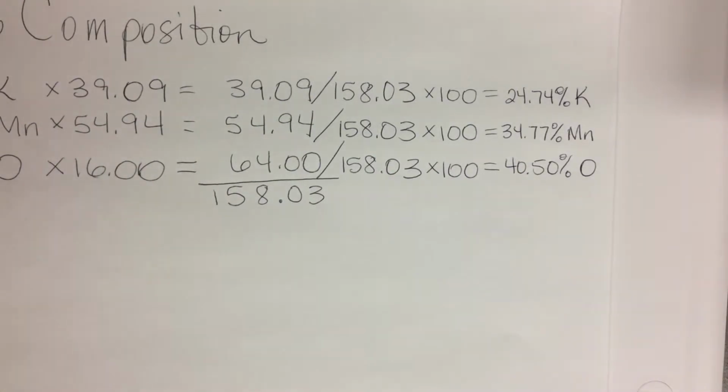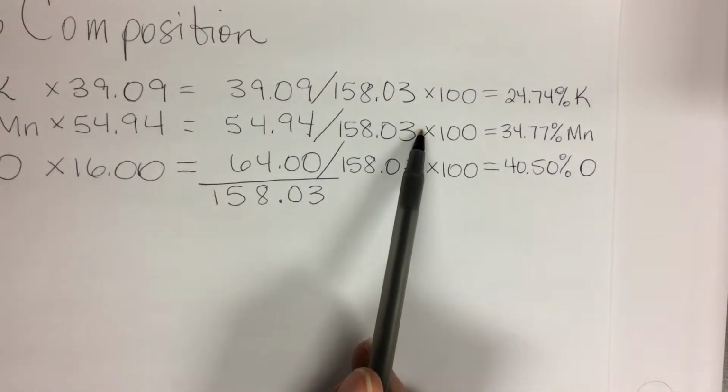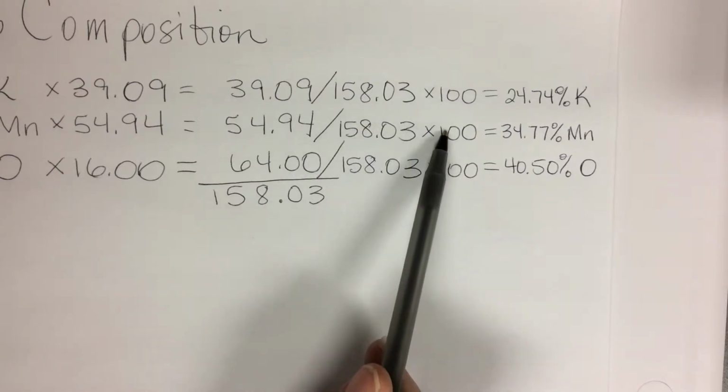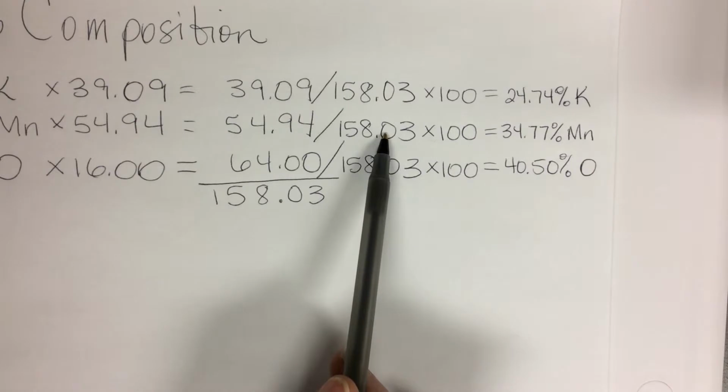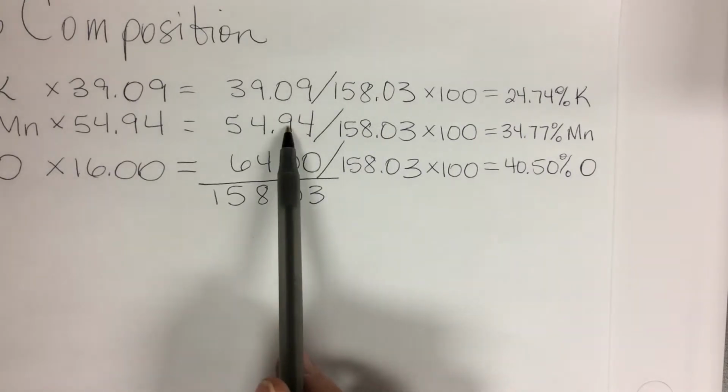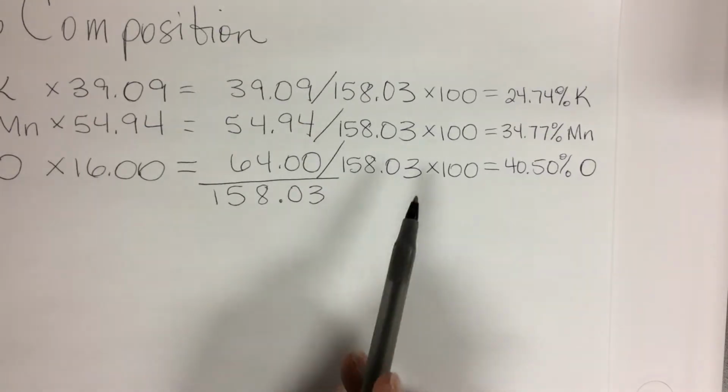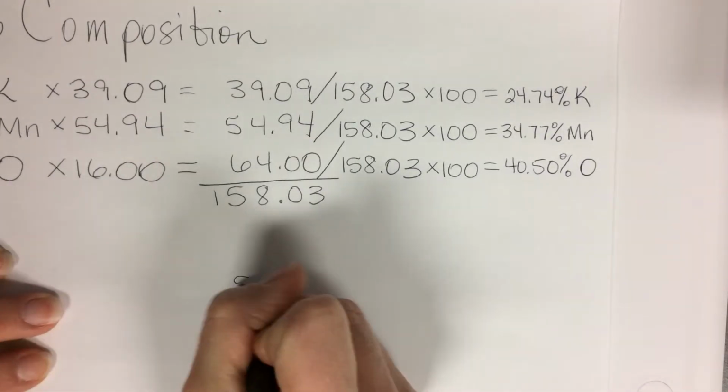Couldn't you also do 100 divided by 158.03 times 54.9? For the second one, couldn't you do it like that? 100 divided by the middle number and then times the first one? Yeah, essentially.